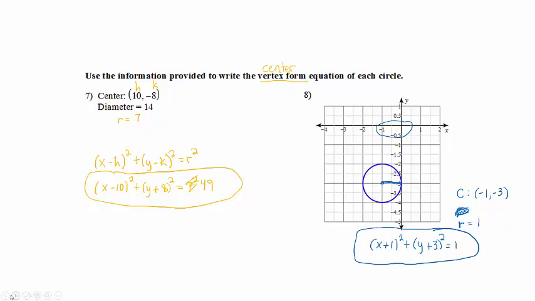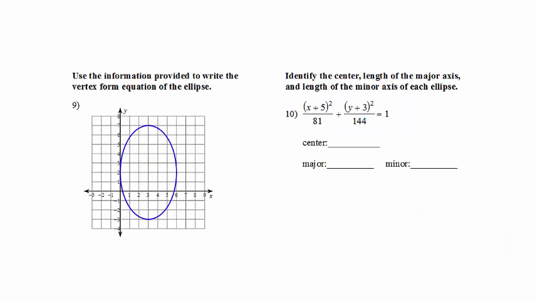Then we've got ellipses, or ellipsi. I'm not really 100% sure what the appropriate plural is on this, but we'll just go with it. To find the equation that we need, again, vertex form is not necessarily the correct word for this.